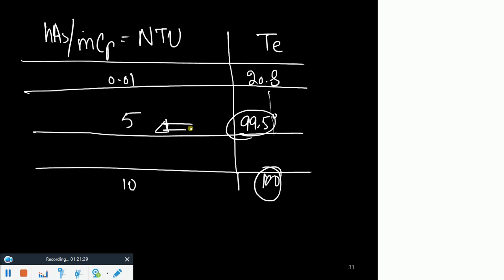So even if you go up to an NTU value of 10, you would only be approaching what? 100 degrees centigrade, right? If you keep all other values the same, so it means length, if you keep the length equals 5 meter, you approach 99.5. Even if you go up to like 10 meter, you are wasting the next 5 meter. You are wasting the resources. Okay, and there is no fun of having that extra length.